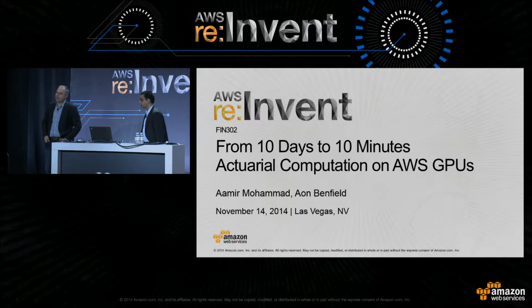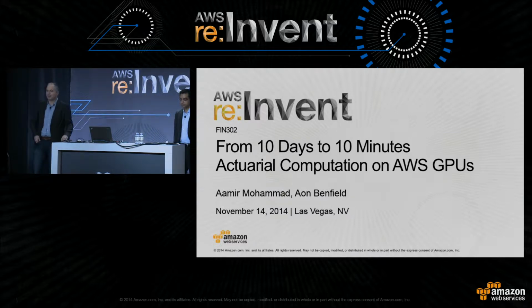Today we would like to do two things. The first thing is how Aon Benfield is leveraging GPUs. It's a very creative way of looking at the fleet and how you can manage your calculations using AWS. That's the main part.